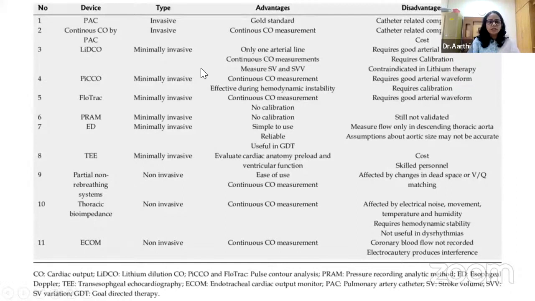PiCCO and LiDCO are minimally invasive monitors that need to be calibrated. FloTrac just assesses the pulse pressure contour and doesn't need to be calibrated.